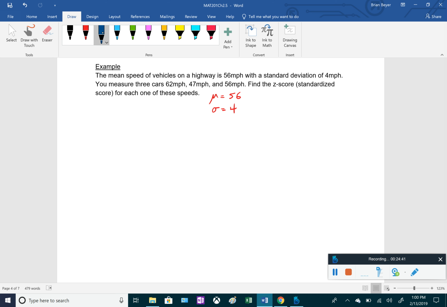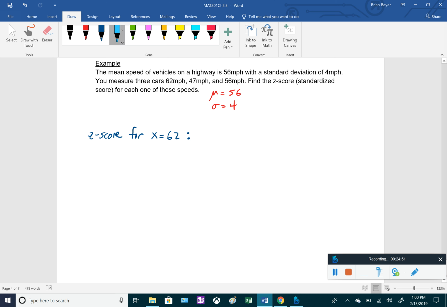Let's start with the Z-score for X equals 62 miles per hour. It's going to be z equals x minus mu over sigma. It's pretty much plug and chug. X is 62 for this one: 62 minus the mean, 56, over 4.